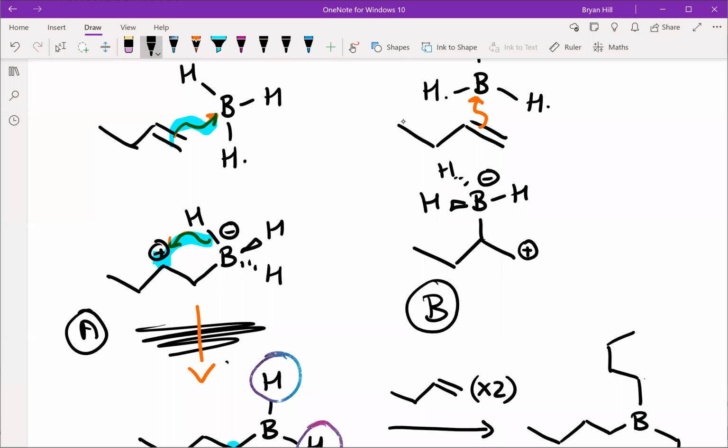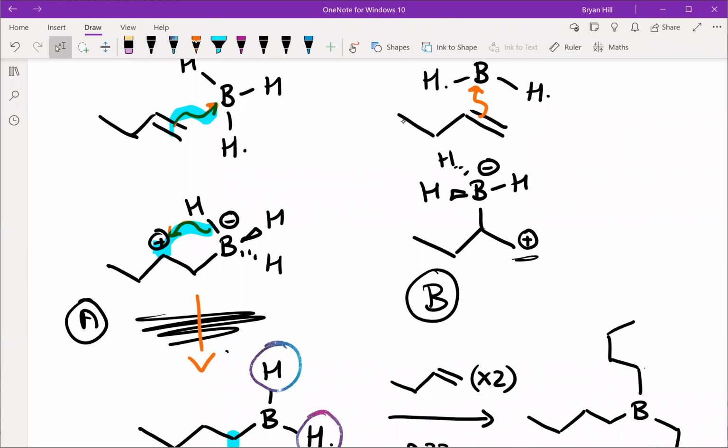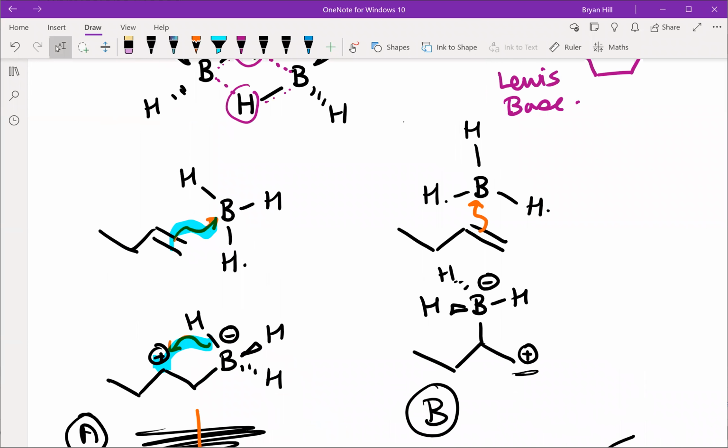a delta plus on a more substituted carbon is more stable than a delta plus on a less substituted carbon. But by putting in some really big R groups, like if this is now a really big group and this is a really big group, there's going to be all sorts of steric issues here.